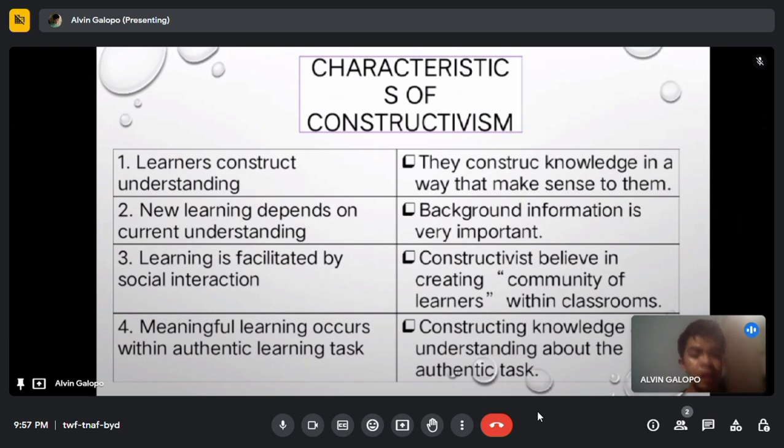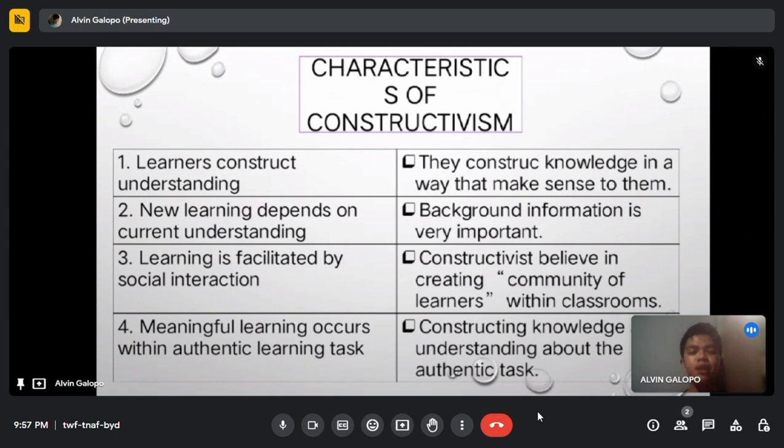This characteristic emphasizes that learners are not passive recipients, but actively construct or build their understanding of information through activities, experiences, and personal reflections. So that is the first characteristic.